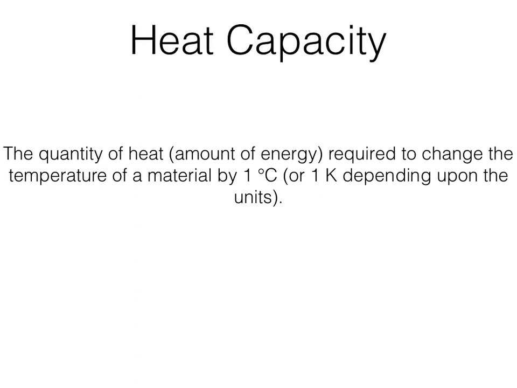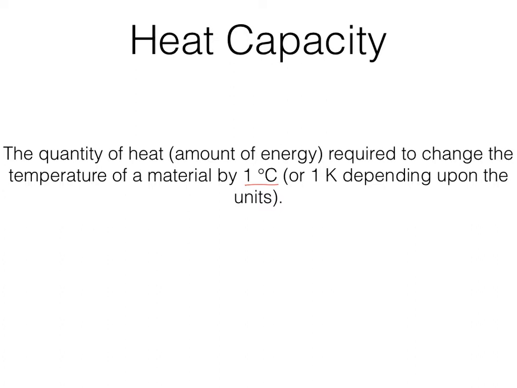So heat capacity, or C, is the quantity of heat, or the amount of energy required to change the temperature of a material by 1 degree Celsius or Kelvin, depending upon the units. So specific heat is really talking about how much energy do you have to add in order for the temperature to change.